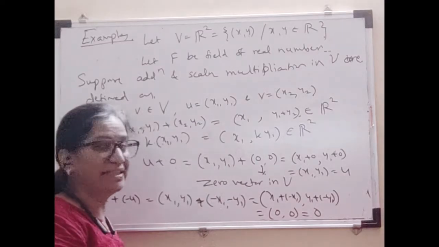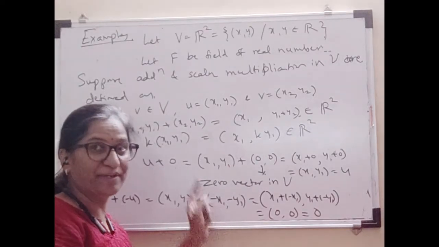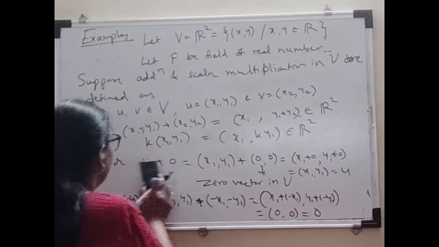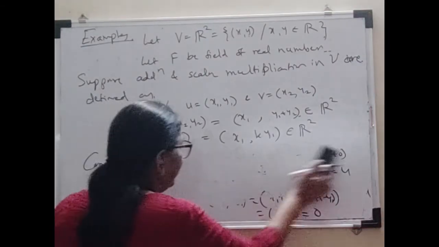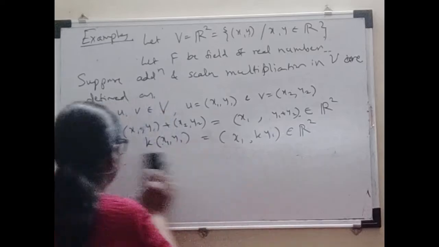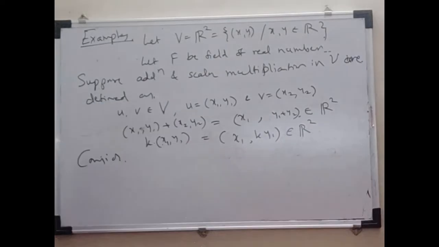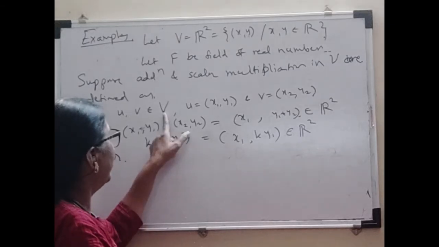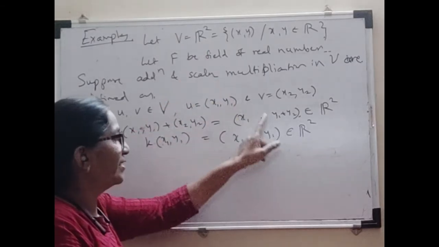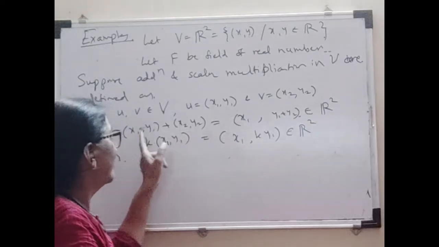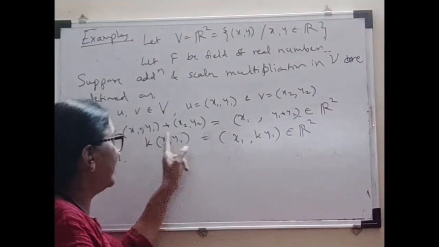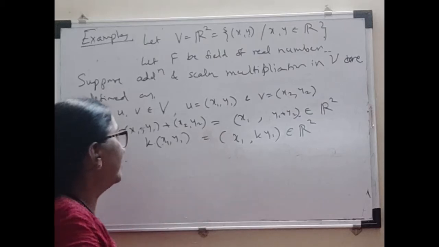Now we have to check whether it is a vector space for this definition of addition and scalar multiplication. So we'll check whether V, which is R2, is a vector space over R under the addition and scalar multiplication defined as given over here.